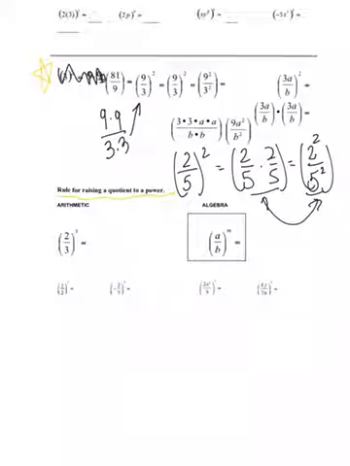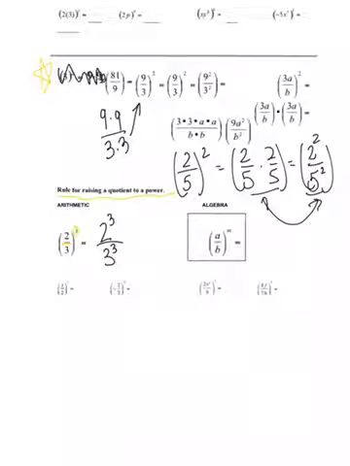So the rule is that if you have a fraction that is raised to a power, you can rewrite that as the numerator to the power over the denominator to that same power, and you can flip-flop between those two ways of writing it.